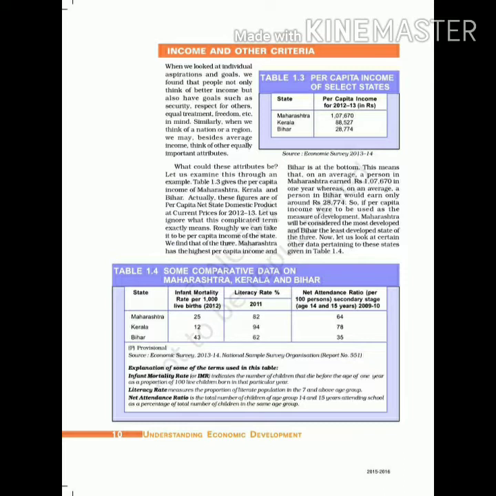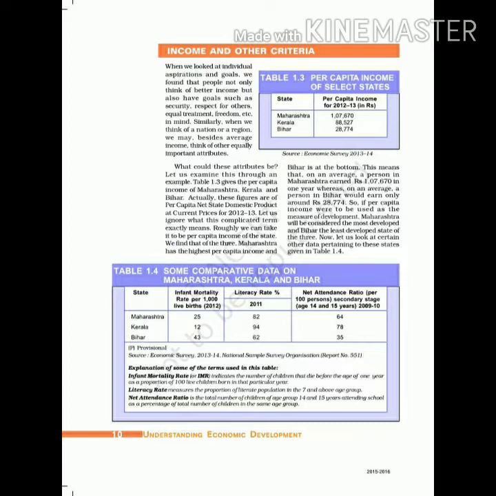Net attendance ratio is the number of children age group 14 and above who are attending the school, means the percentage of children age group 14 and above who are attending the schools.